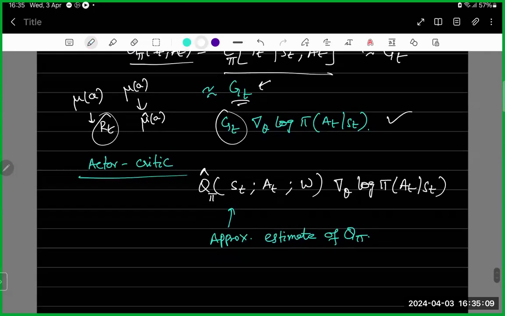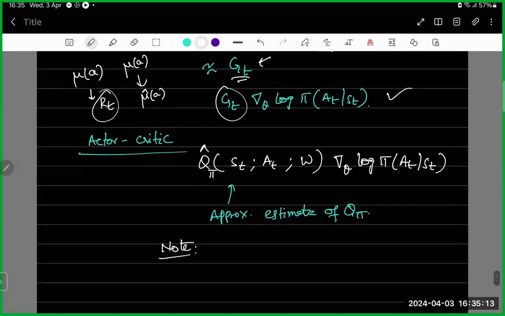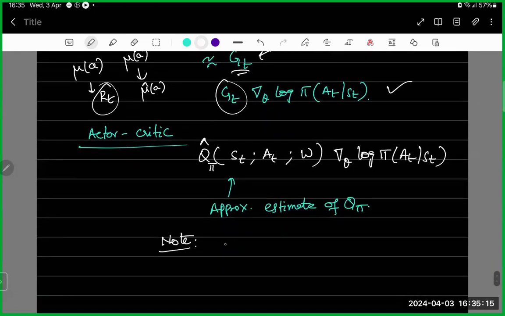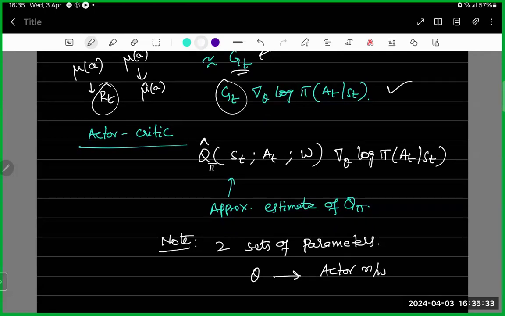So as I mentioned, it's good to remember that we are dealing with two sets of parameters here. One set of parameters is called theta, which are like the actor network parameters, which deal with the policy.